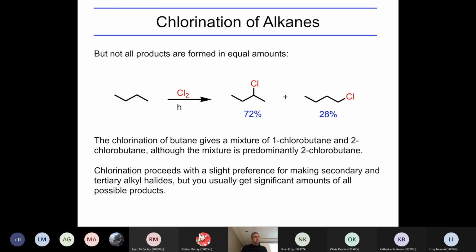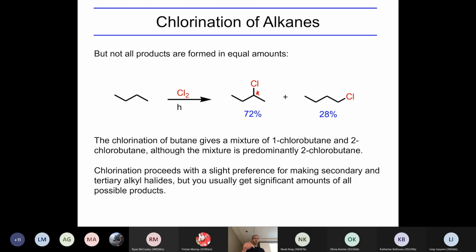There's a preference, you know, if you can make more than one product, often there's a preference for one over the other. So if you start with butane, you make 2-chlorobutane, a racemic mixture of R and S, about 72%, and 28% is 1-chloro. You could separate these and have bottles of both in the end, but what we see is that it prefers to put the chlorine on more substituted carbons.